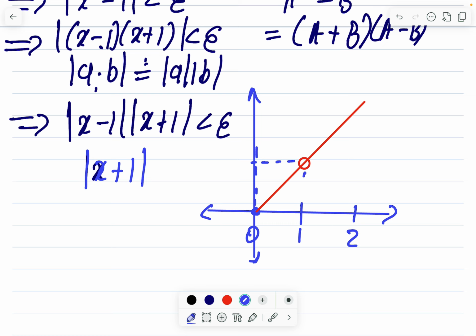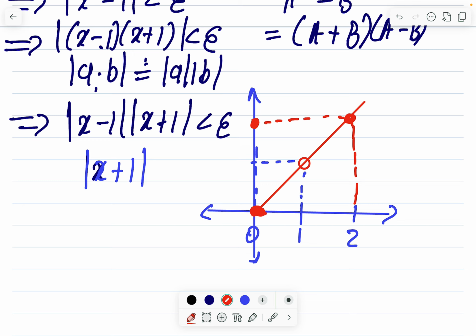Since this thing is not defined, you cannot substitute 1. But what can you do? The only thing you can do is to find the value of f of x in the upper bound, meaning this part, since it is defined here. And also here, at 0, you must find the value of f of x.